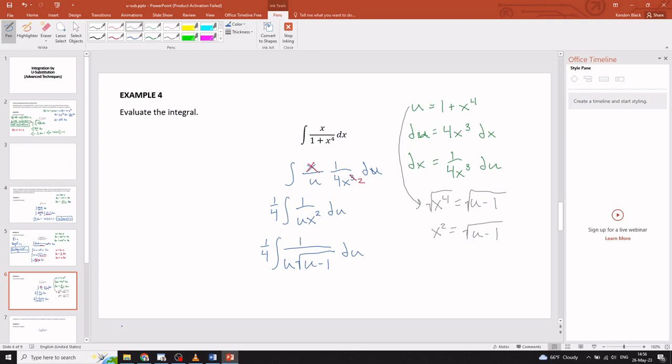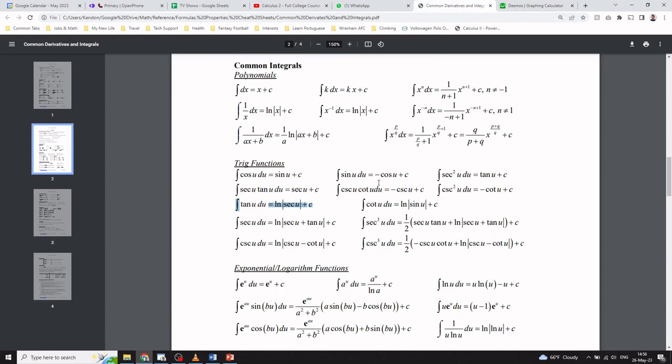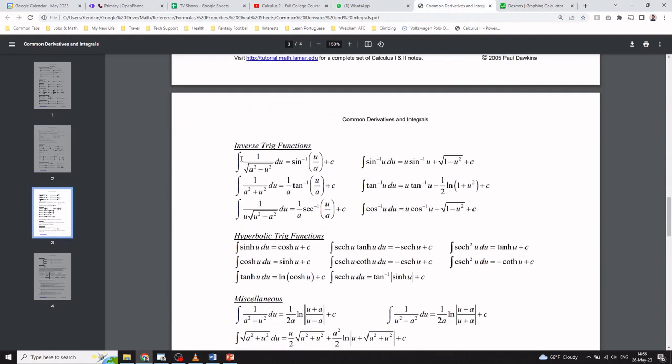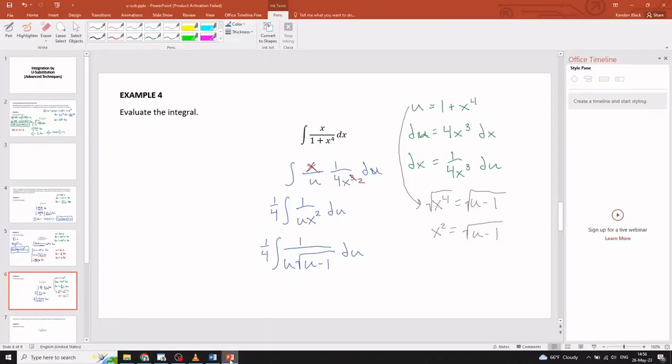The other thing to recognize here, if I go to the integration table, we have a bunch of known integrals. It's not highlighting the way I'd want it, but if you look at this left side over here, and we don't have a square root, so we want to look for the one that doesn't have the square root.